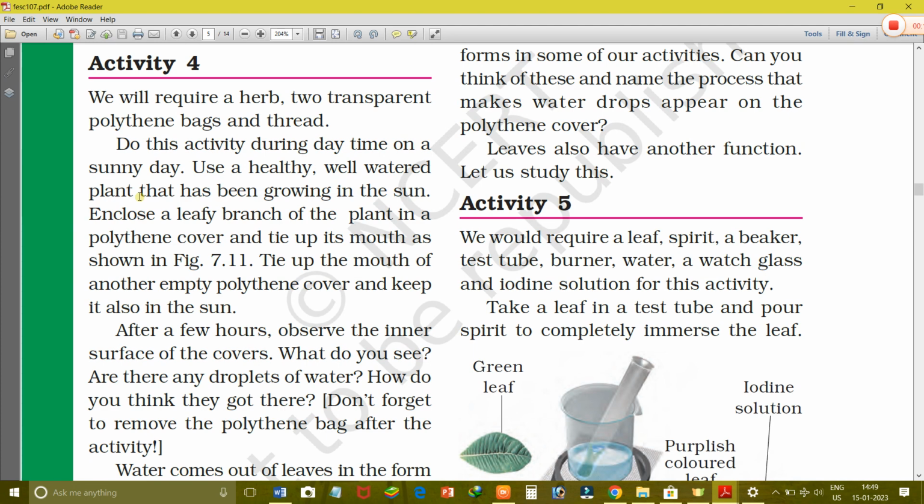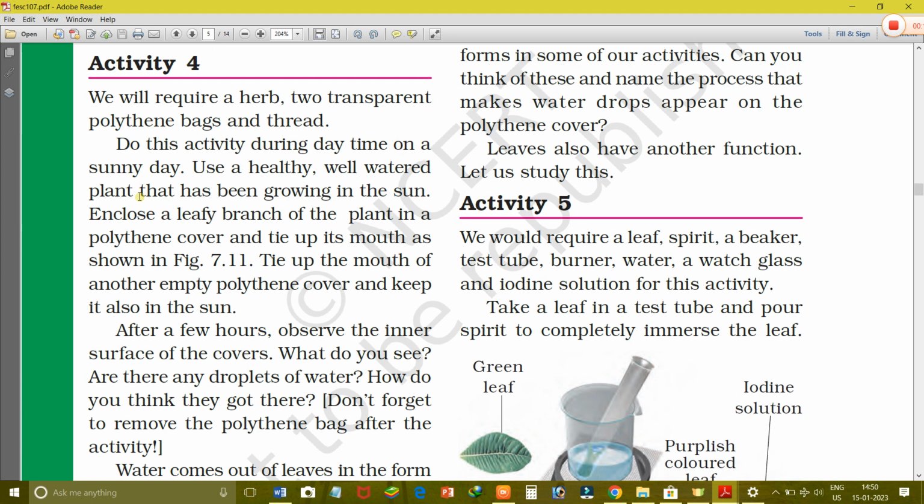Activity 4. We will require a herb, transparent polythene bags and threads. Do this activity during daytime on a sunny day, using a well-watered plant that has been growing in the sun.